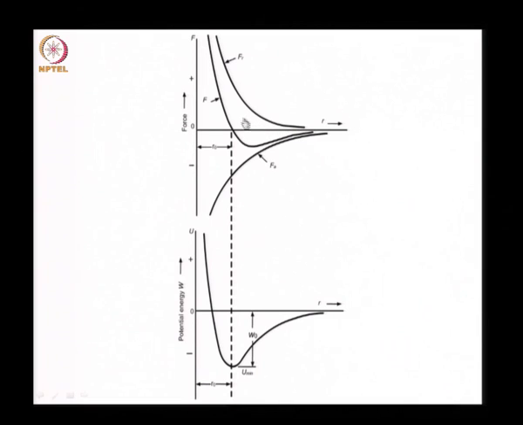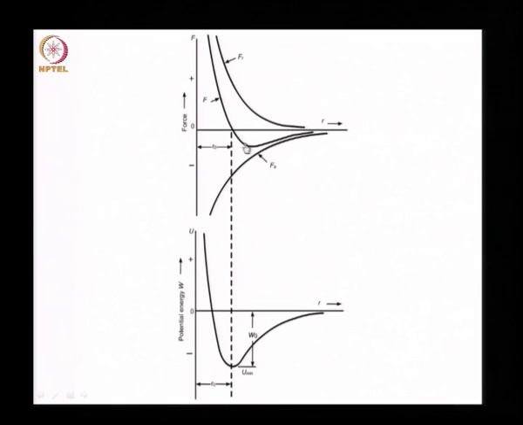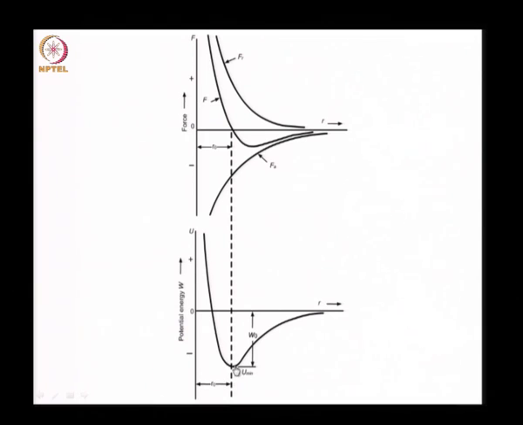When the atoms are very close to each other, or we push the atoms together, then we have the repulsive forces. The resultant of these two is given by this diagram. So, here you find that the point where we had the trough of the well coincides with the 0 force.